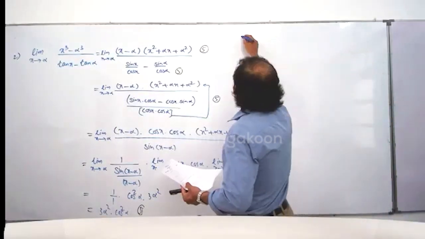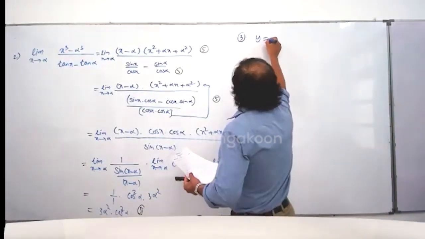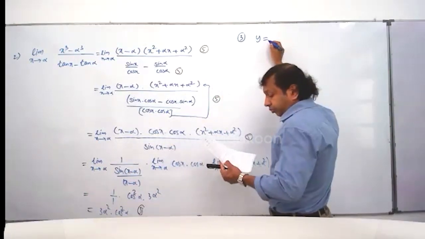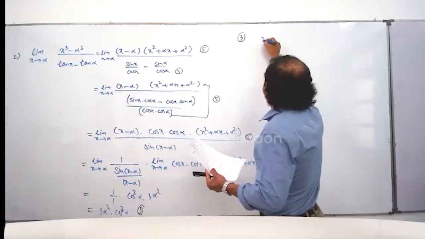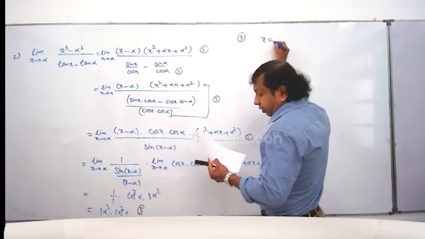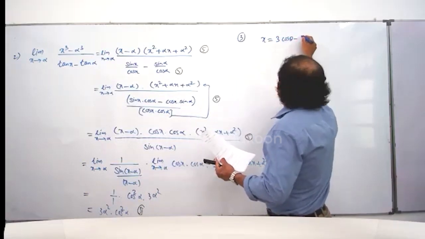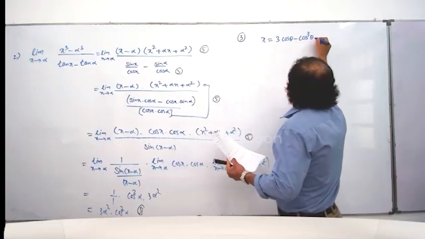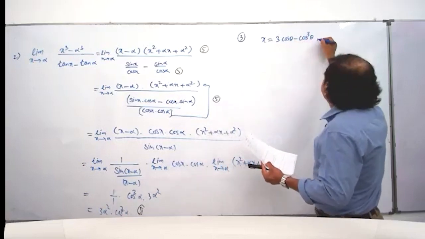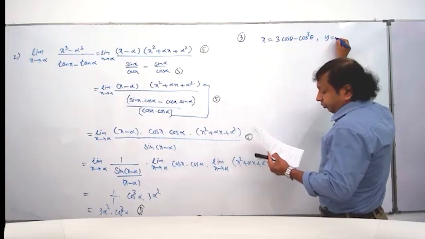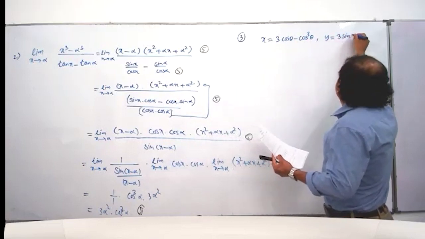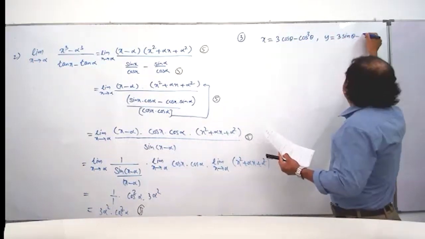Number 3. x is given as 3 cos theta minus cos cube theta, y is 3 sin theta minus sin cube theta.